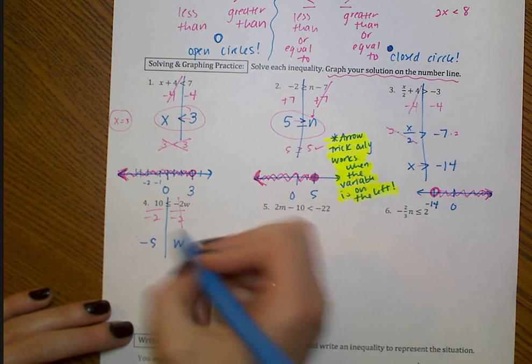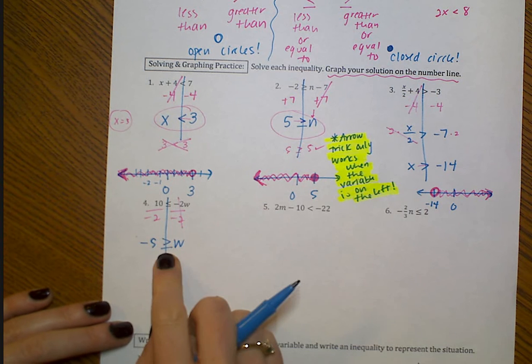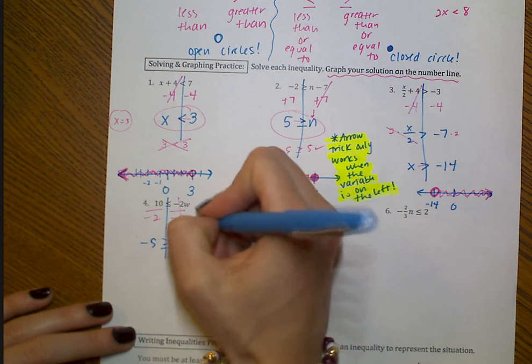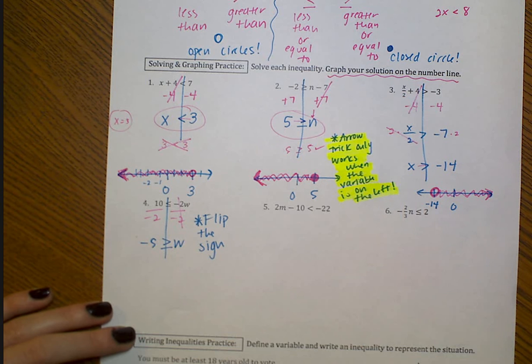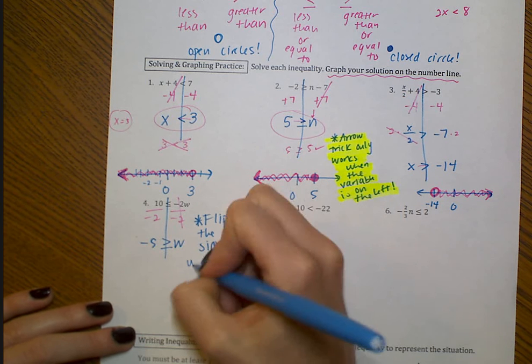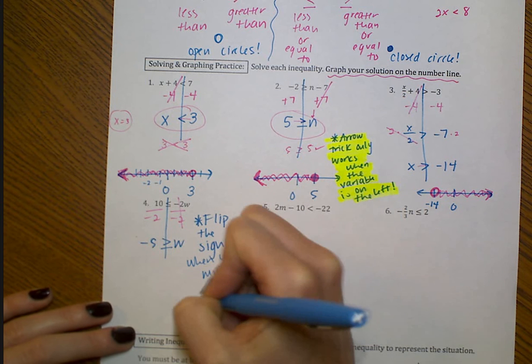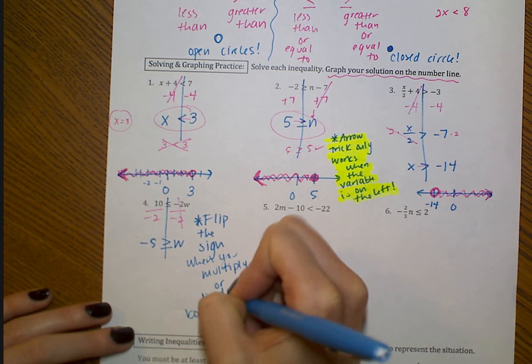So it was a less than or equal to. I'm going to flip the mouth around and make it a greater than or equal to. You absolutely have to make this note. Flip the sign when you multiply or divide both sides by a negative.